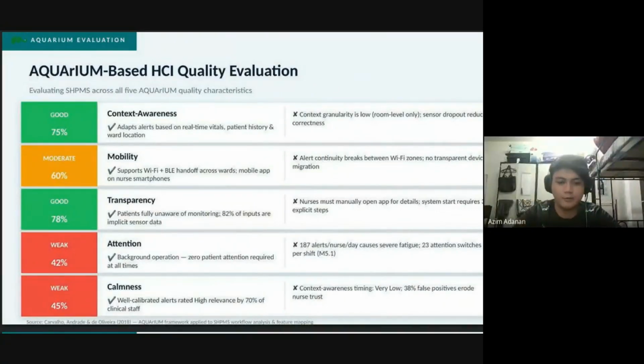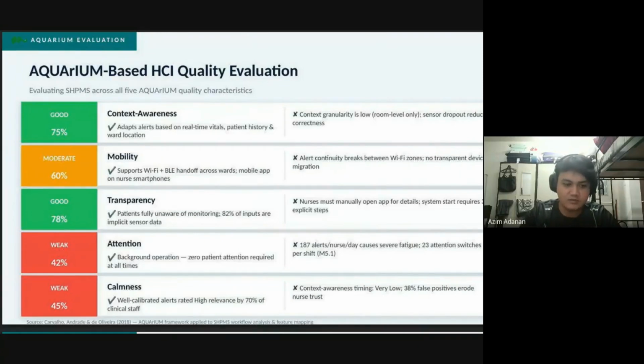So we evaluate this smart hospital system using the AQUArIUM framework across 5 characteristics. The first one is context awareness, which scores 75%, which is good. The system adapts alerts based on real-time vitals and location, but the context granularity is still room level only.